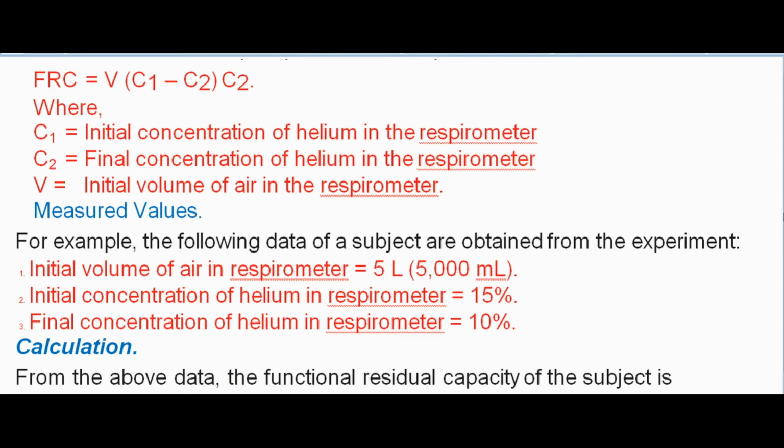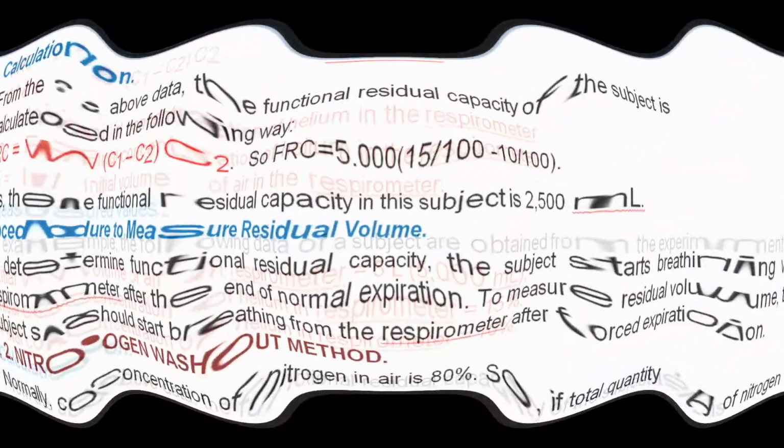Measured values. For example, the following data of a subject are obtained from the experiment: initial volume of air in respirometer = 5 L, 5000 ml. Initial concentration of helium in respirometer = 15%. Final concentration of helium in respirometer = 10%. Calculation.